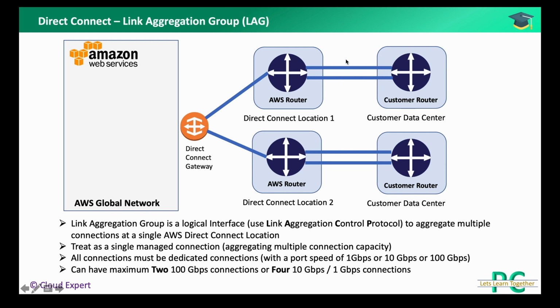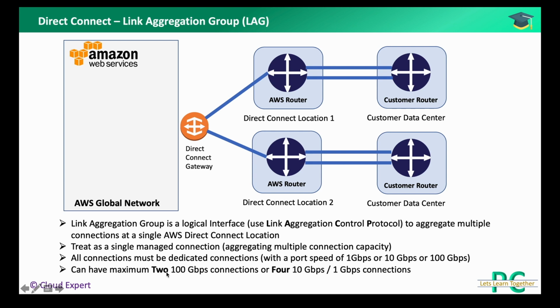Now, in terms of the maximum number of connections you can use for aggregation, if you are using 100 Gbps, then you can have a maximum of 2 Direct Connect connections to aggregate in a LAG. If you are using 1 Gbps or 10 Gbps, in that case, you can have 4 dedicated connections which you can aggregate into one. So this point is very vital.